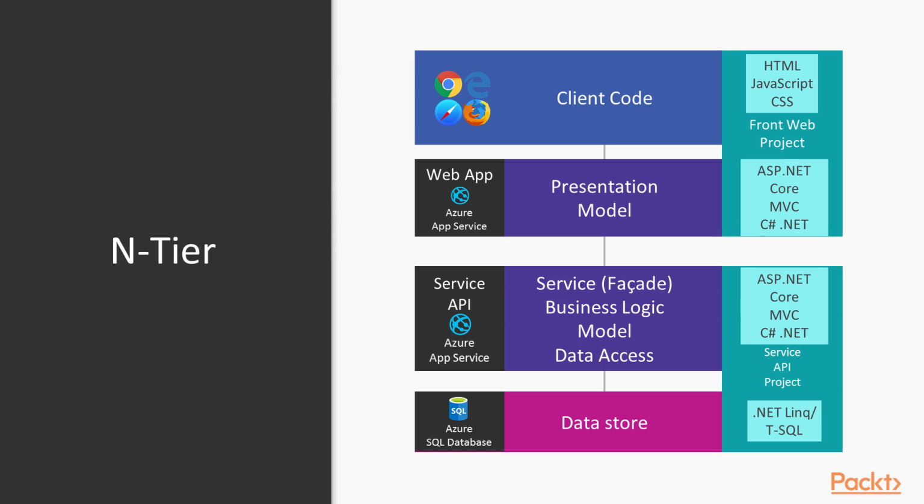And then we'll have a service API, which will expose the business logic by either calculating things or eventually making calls to the data store and serving the information to the presentation model. Now we'll have that at the development level in two projects. One will be the front-end project and the other one will be the service API project.